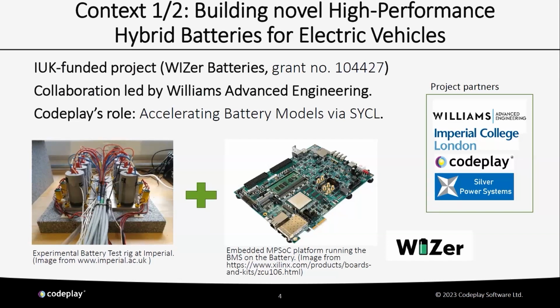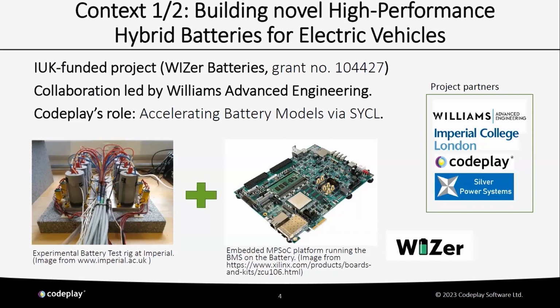If you have a hybrid battery, you want to use it most efficiently for the scenario. If you need more power, you probably want to use one type of battery. If you want a more steady supply of energy, you want to use a different battery. The battery management system manages this.